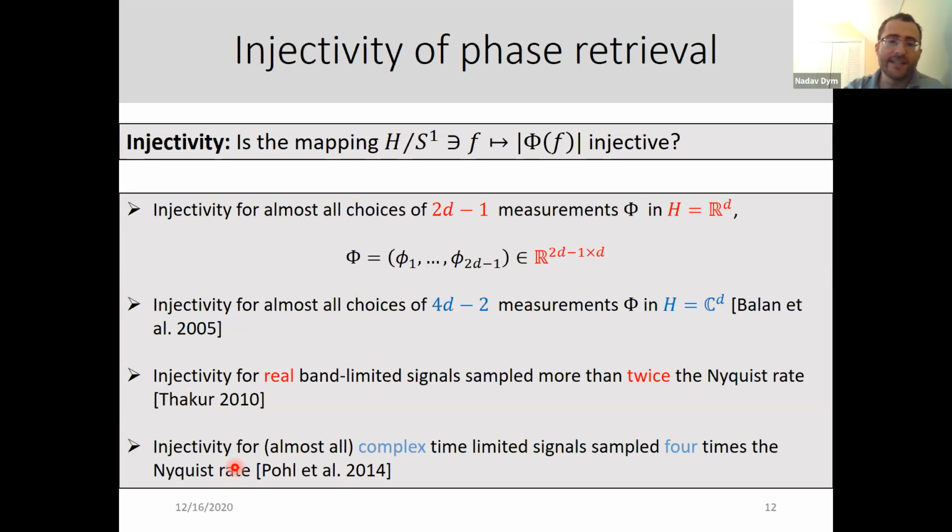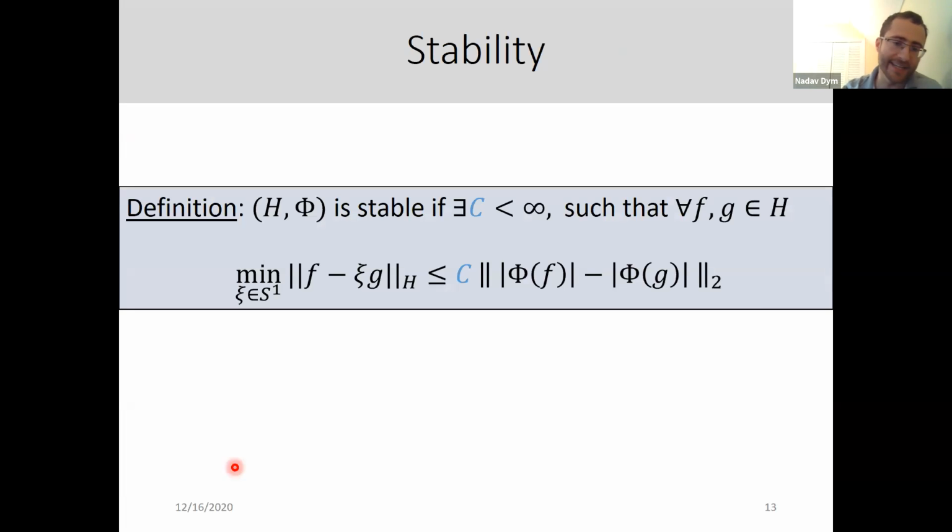Moving on to stability. Let's say we have injectivity, so in theory there is a unique solution, but how difficult will it be to find it? We measure this through this inequality, where on the left-hand side there's the natural distance in the quotient space. You compare f and g in the Hilbert space, but you allow global phase to make them as close as possible.